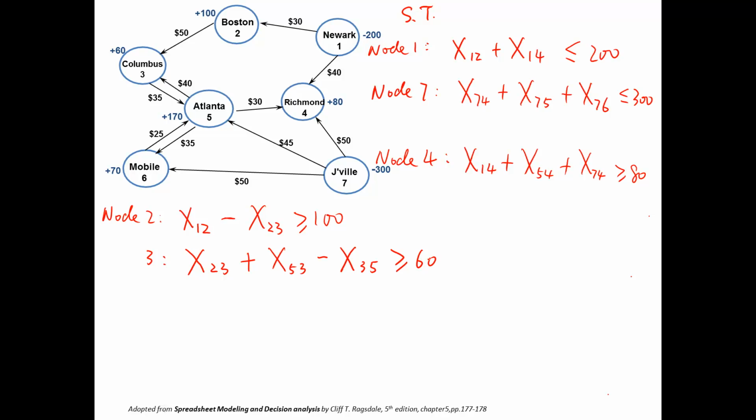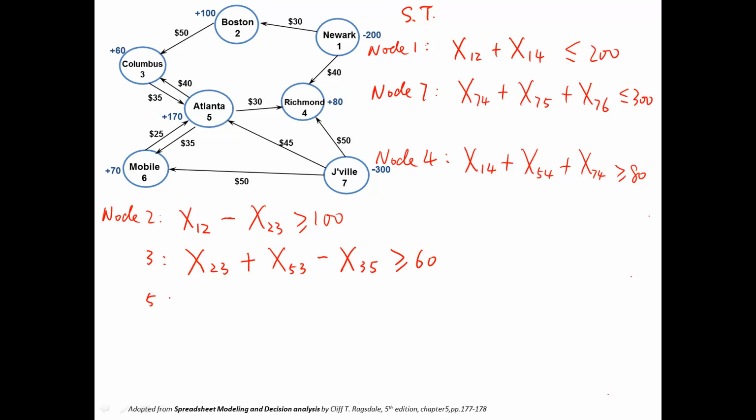Okay, so just note that sometimes the problem will give you an arc that's bidirectional. In this kind of situation, you need to have 2 decision variables, one representing each direction. Okay, in this case, 2 arcs are given.